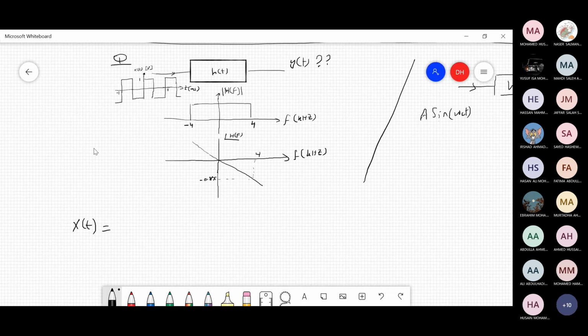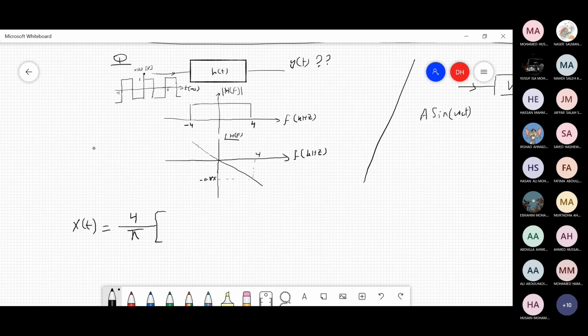But since we have something ready, then let me use it. It says 4 multiplied by a, equal to 1. So 4 multiplied by 1 divided by pi.